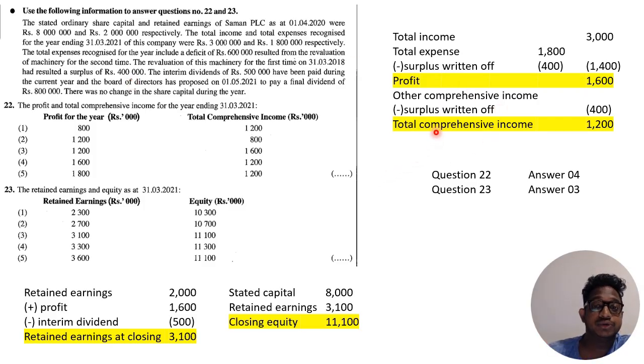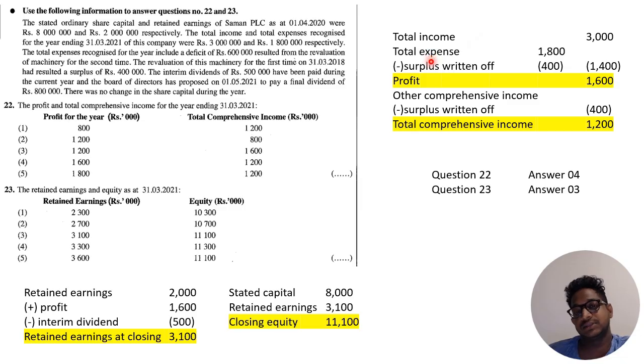So that you should record under other comprehensive income here. The surplus written off you have to record here, and because they recorded the total revaluation deficit in the total expenses, you have to deduct the surplus written off from total expenses. So that's how you got the profit here, 1,600.